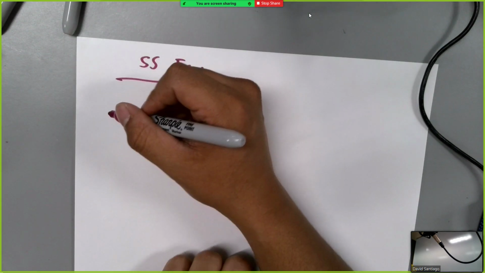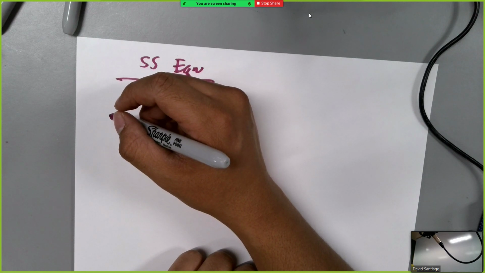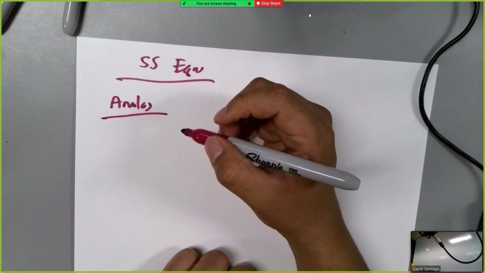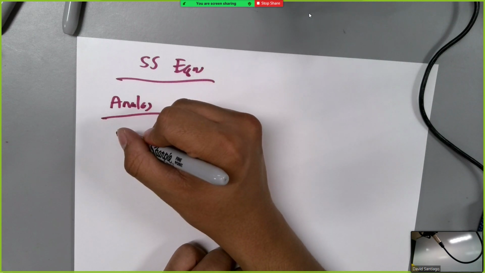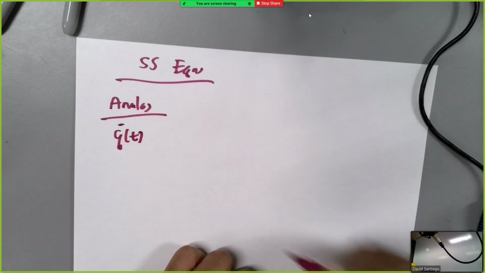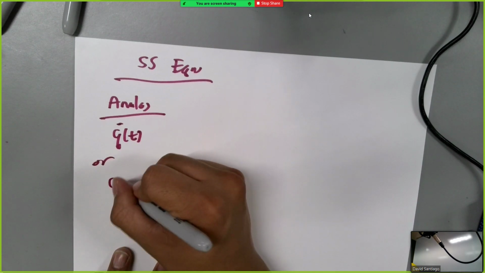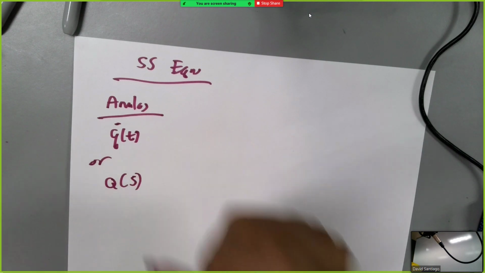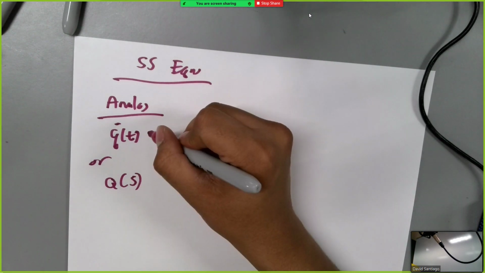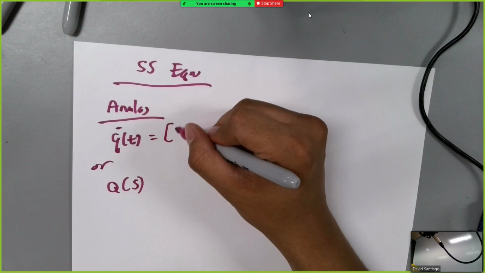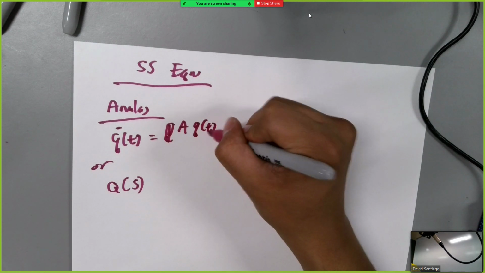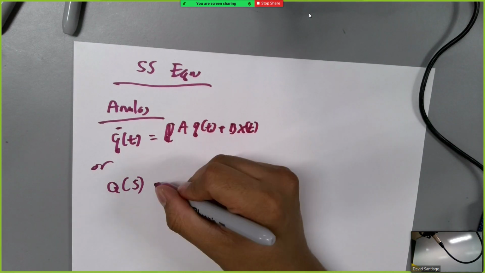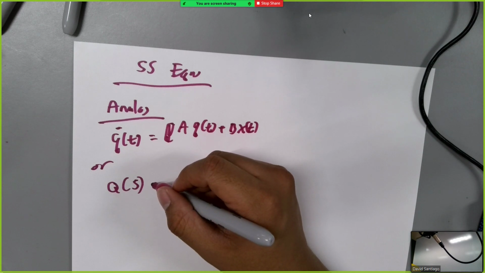You've got the analog case, which basically you're going to have to do either all those weird Q of T's or you have to do Q of S. Remember, this was equal to some crazy matrix, like A Q of T plus B X of T or something like that.